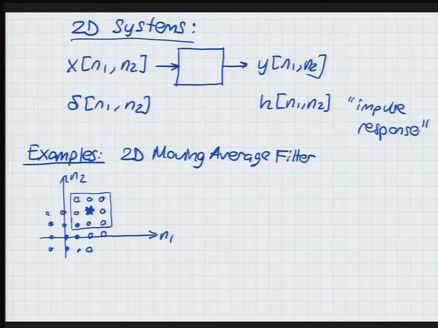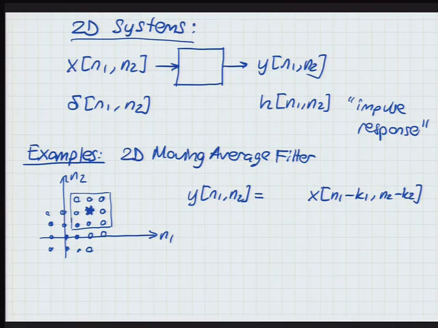So how can I express this operation? Well, I can say that the output at a given point n1 and n2, which I marked with a star here, is going to be a sum of x of n1 minus k1 and n2 minus k2. And I'll let k1 and k2 move between negative 1 and positive 1. Each one is allowed to be negative 1, 0, or 1.